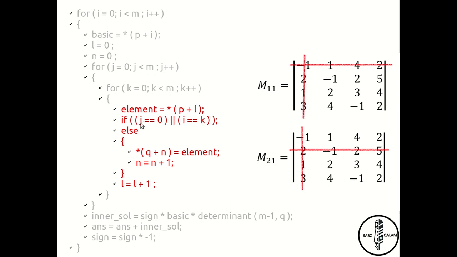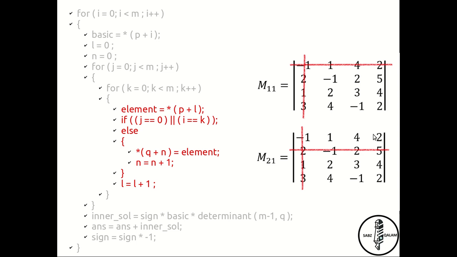So notice whenever J is 0, because we in our program are always taking the first row, you discard all the elements in the first row. But the other option is when I is equal to K. In other words, if it's this guy, you discard the second column. And in the third case, you do not include the third column.